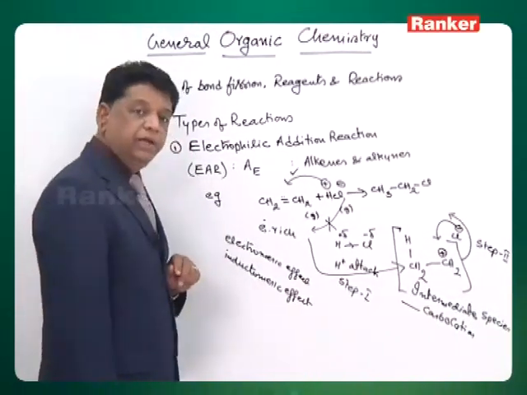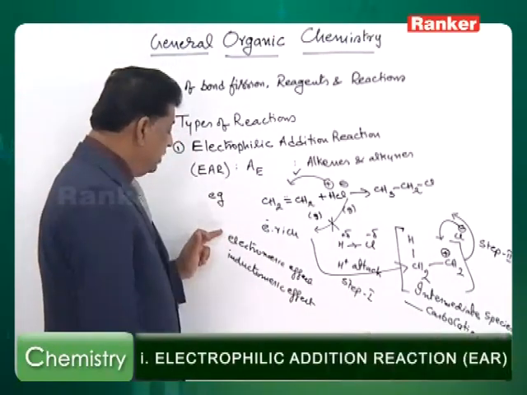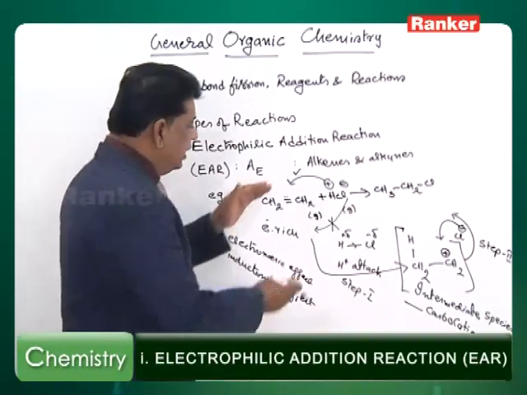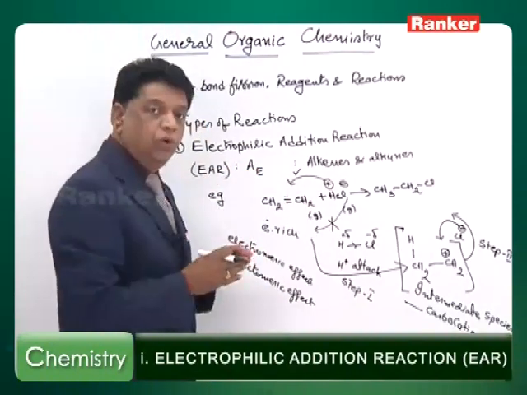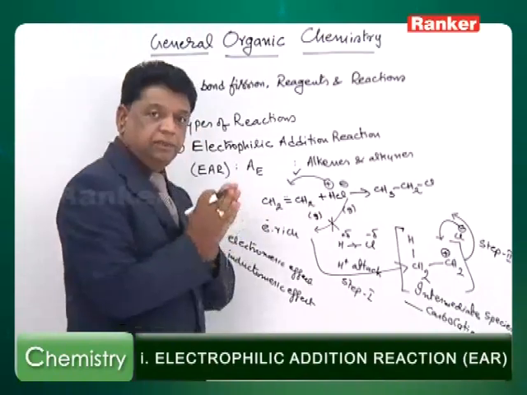Those two are permanent effects. These two are temporary effects, analogous to the mesomeric effect and analogous to the inductive effect. In both molecules, a temporary effect is created to open up the sigma bond and the pi bond, and the reaction takes place.